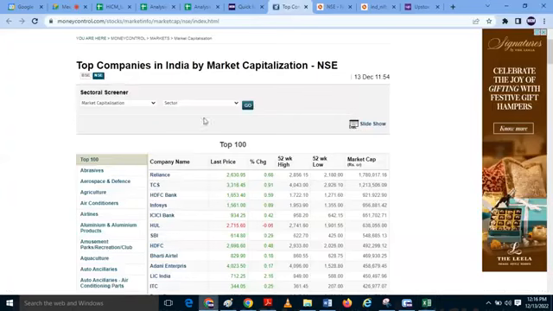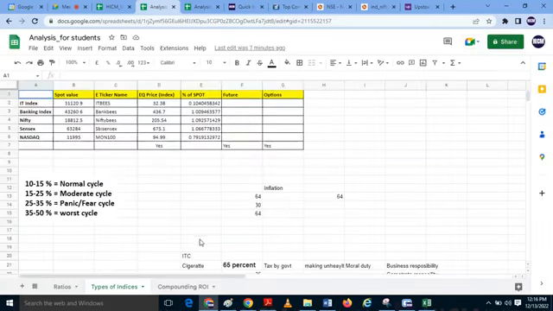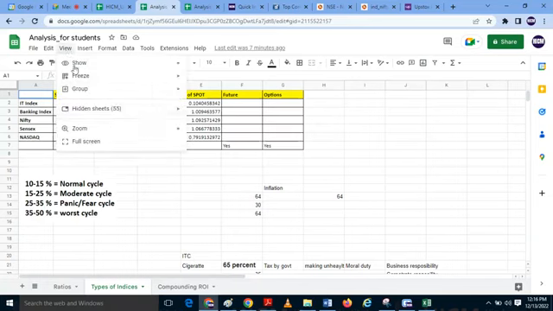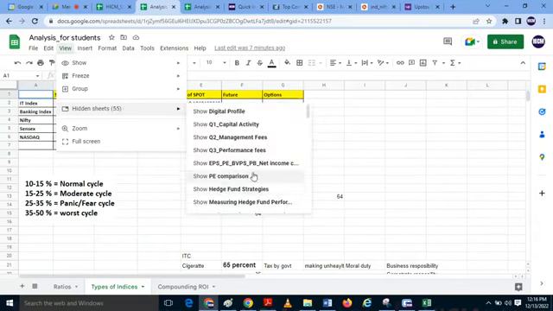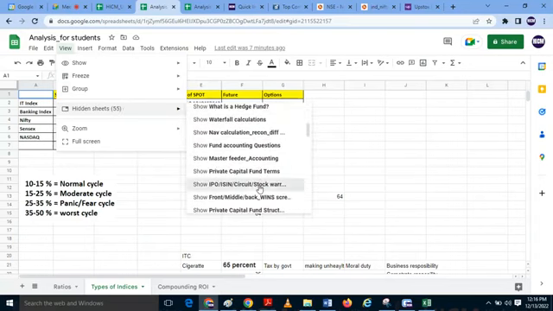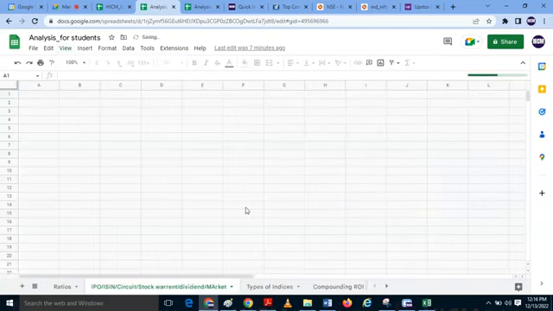Okay, I will come to this slide now as I was teaching about market capitalization. Number of outstanding shares into the market value. This slide also I will copy in your sheet. I am talking about the number of outstanding shares.